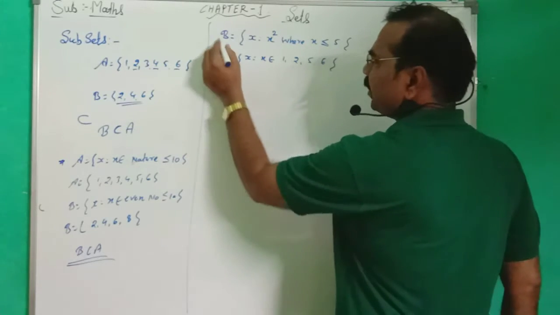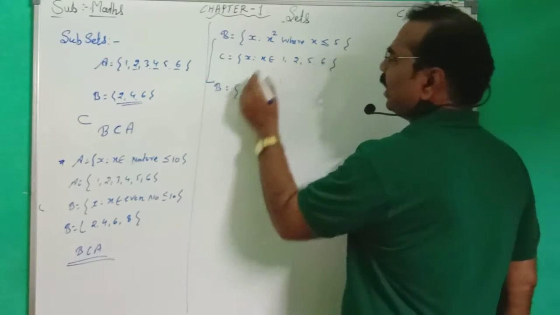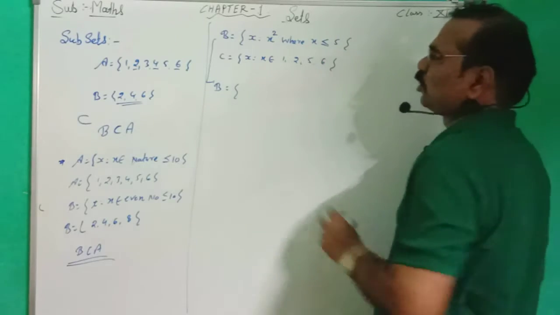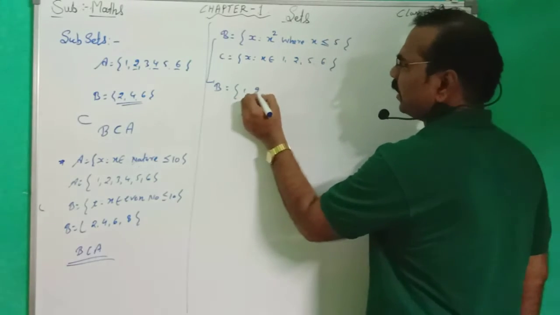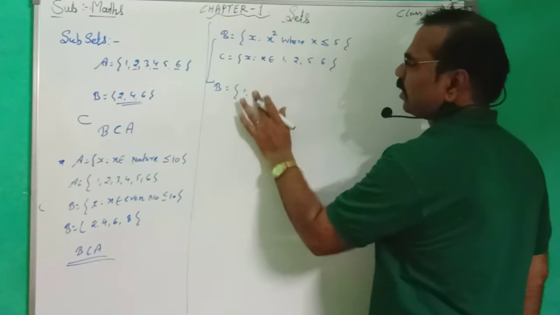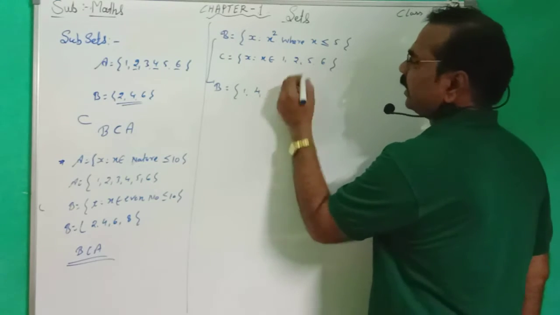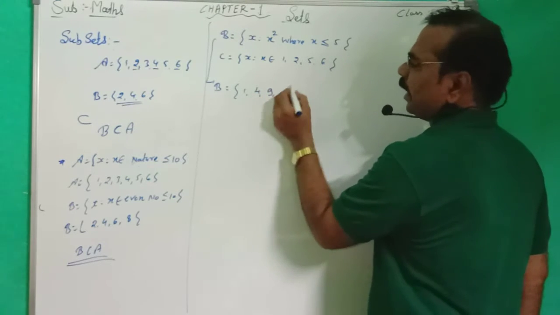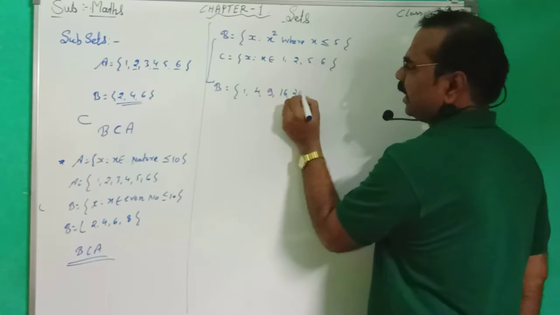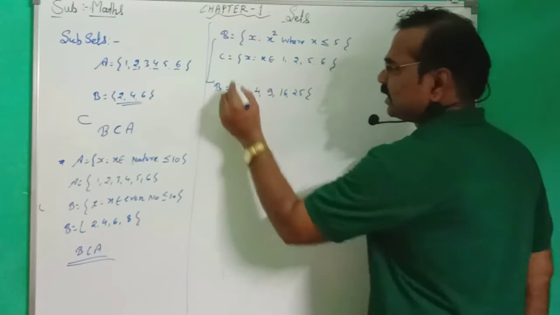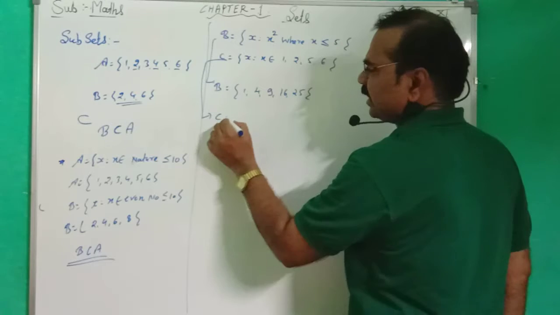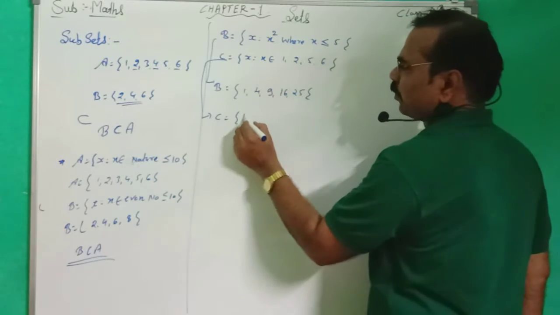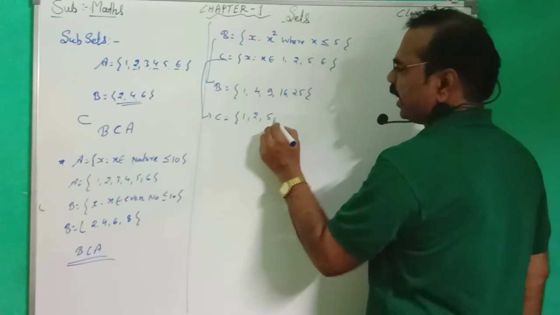Now that is the set B. We write X such that X squared, where X is up to 5. 1 squared gives 1, 2 squared is 4, 3 squared is 9, 4 squared is 16, and 5 squared is 25. And C is 1, 2, 5, 6.